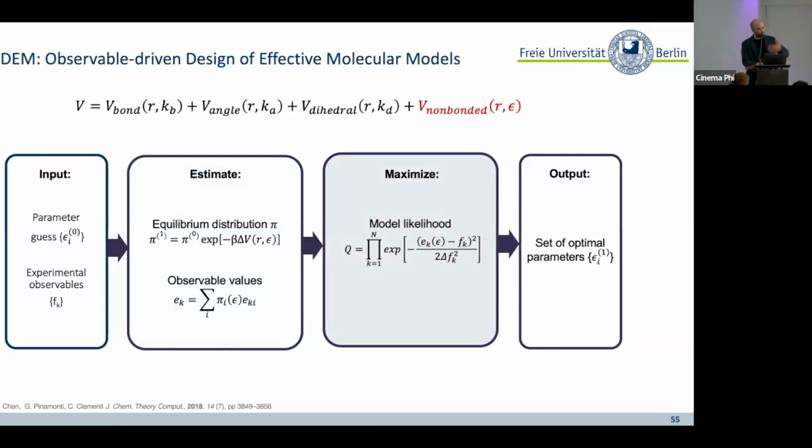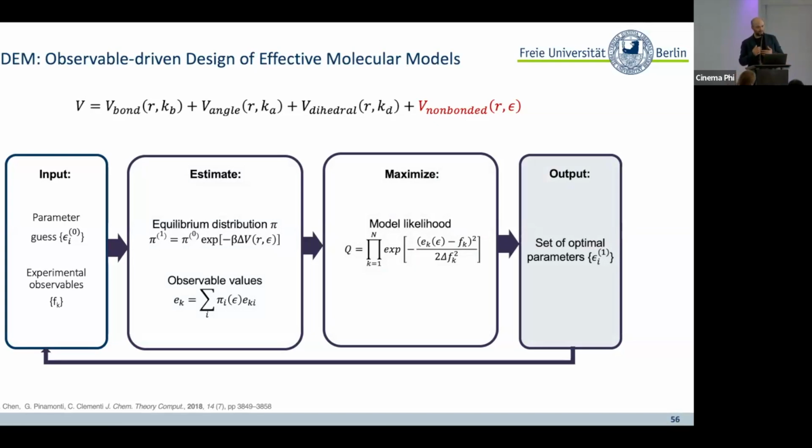And by optimizing this likelihood, that is essentially a loss function, we can obtain a new set of parameters epsilon prime. Unfortunately, this set of parameters cannot be too different from the initial set, because otherwise the perturbation method just falls down. It needs to be quite close in order to use this perturbation approach. So we need to iterate this method until we reach some sort of convergence.